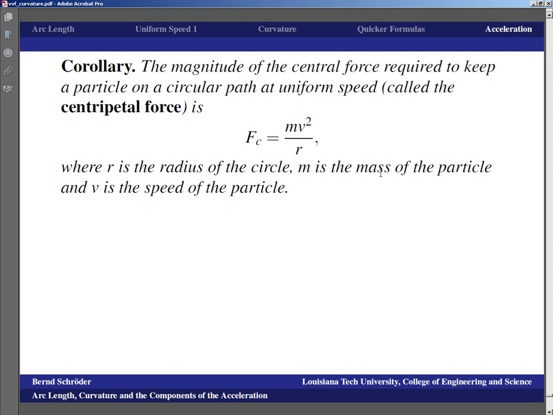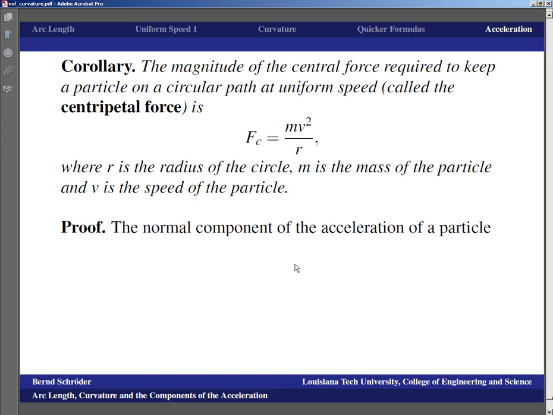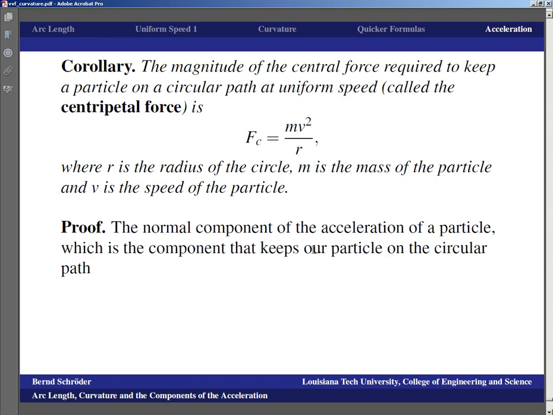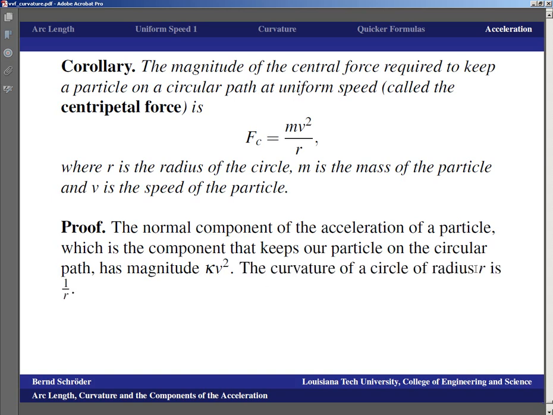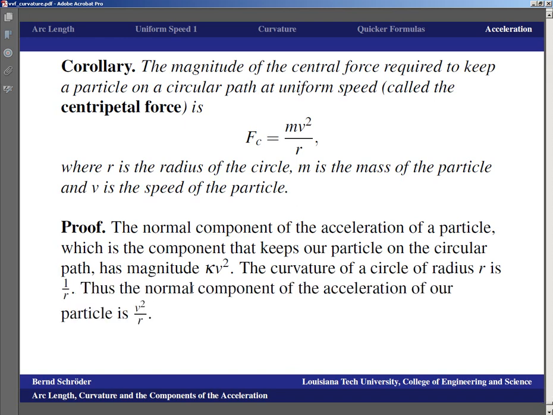So r is the radius of the circle, m is the mass of the particle, and v is the speed. How does that come about? Well, we now have something that can verify that the formula is true and show some consistency with things that you may have seen derived differently in a physics class, because the normal component of the acceleration of a particle, which is the centripetal acceleration that leads to the centripetal force, that's the component that keeps the particle on the circular path, has magnitude kappa times v squared, and the curvature of a circle of radius r we had just worked out is 1 over r, which means the normal component of the acceleration is v squared over r.